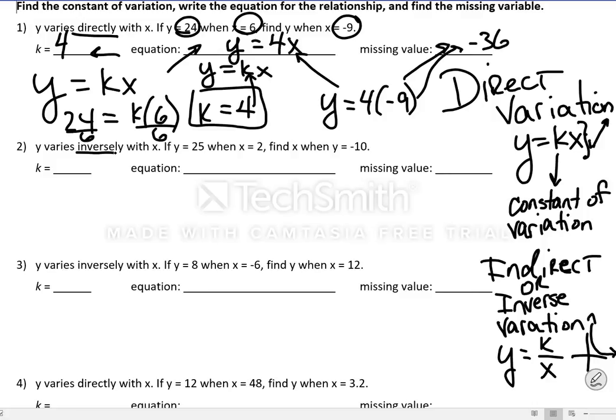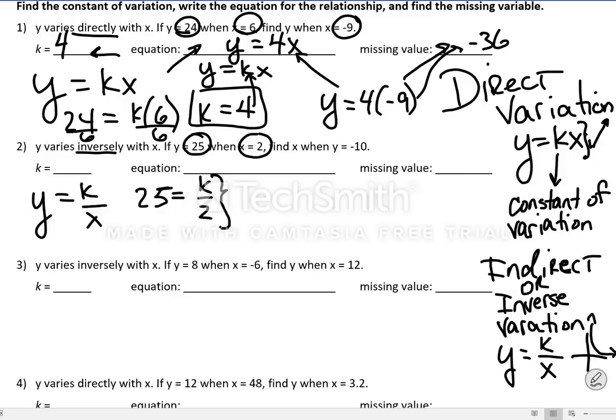So now I have an inverse variation equation. Start with the equation y equals k over x. I'm going to plug in what I'm given to find my constant. So it's 25 equals k over 2. And remember, this is division, so what's the opposite of it?